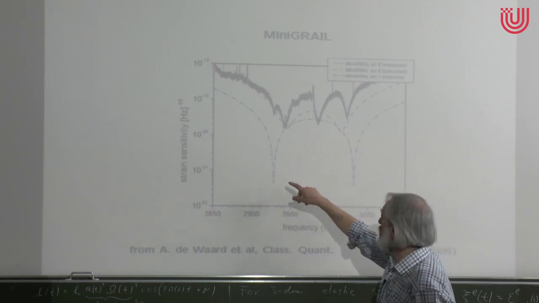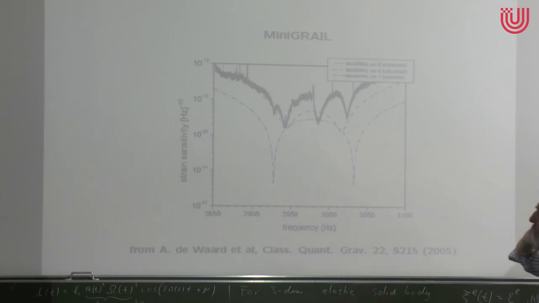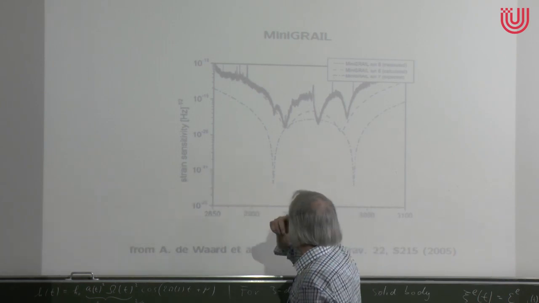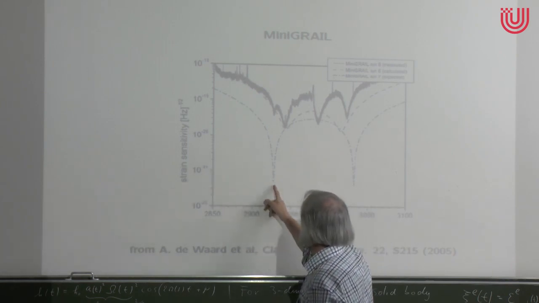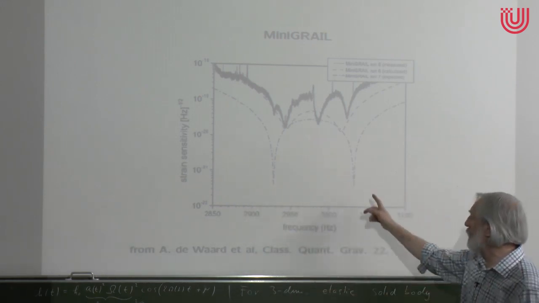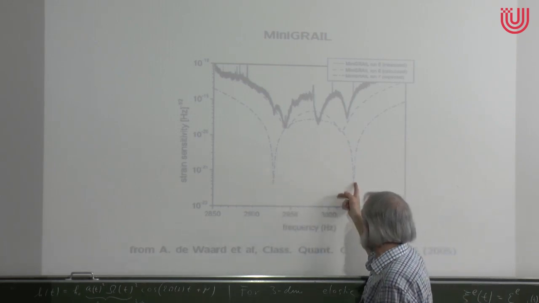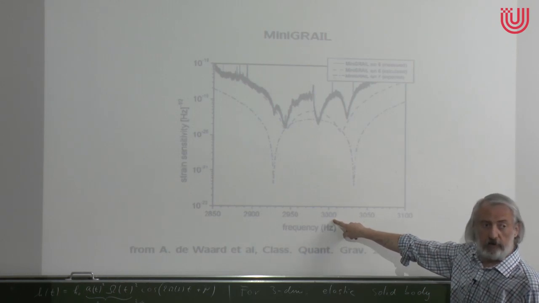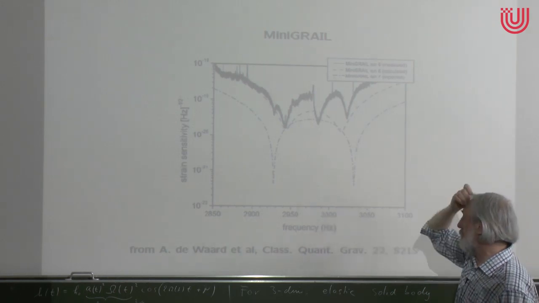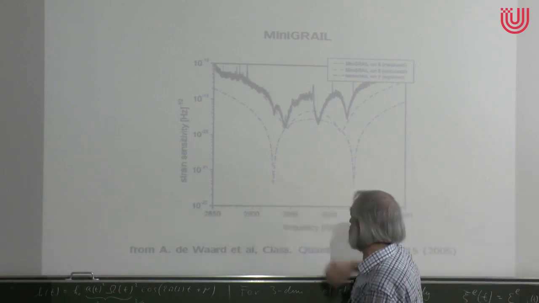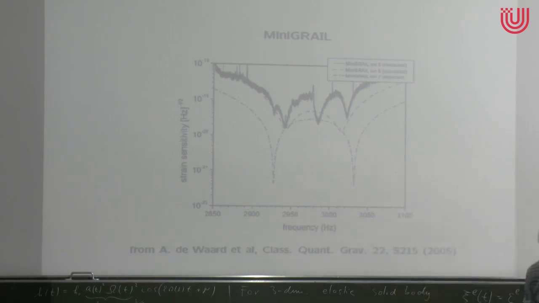So Mini Grail is supposed to be improved, or maybe it has already been improved, so that you can observe down to 10 to the minus 21 in this unit, but only at very particular frequencies. Because of the shape of this thing, you now have two resonance frequencies. They are at about 3 kilohertz. Very high frequencies for gravitational wave signals. And if you do not hit exactly one of the two resonance frequencies, then there's little hope that you see anything.